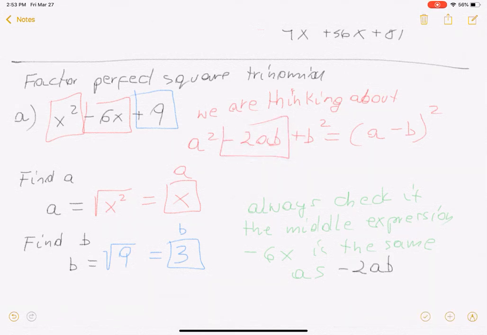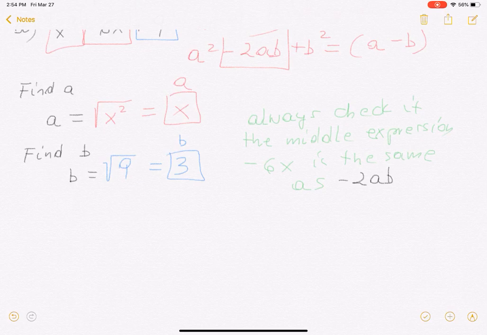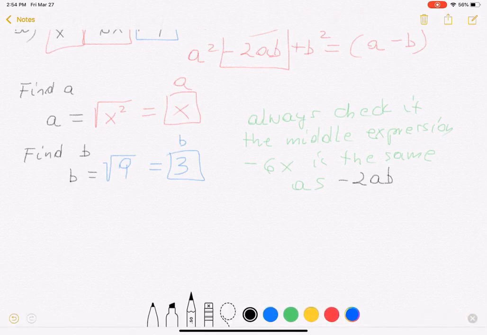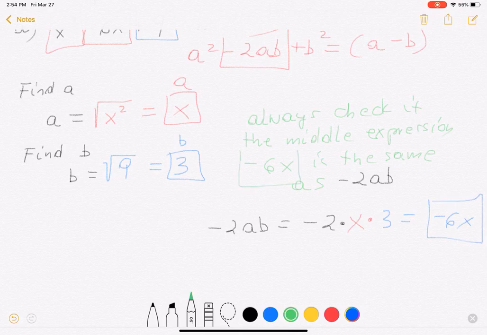Okay, just check to make sure that we have that perfect trinomial. Okay, so let's calculate that. Negative 2ab is equal to negative 2 times a, our a is x, times b, our b was 3, which is negative 6x. Yes, that's correct, negative 6x is equal to that negative 6x.